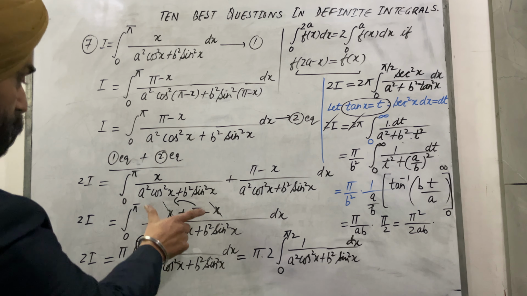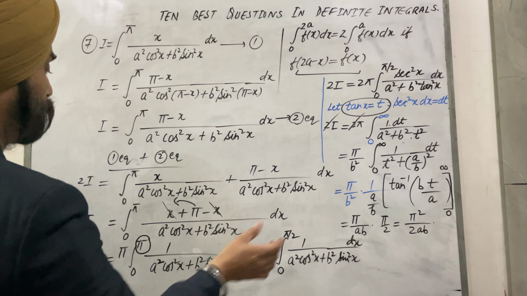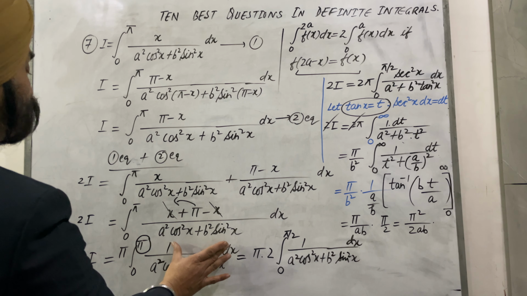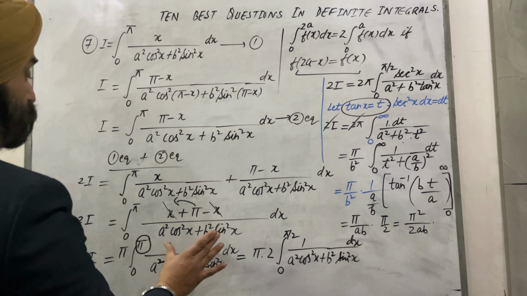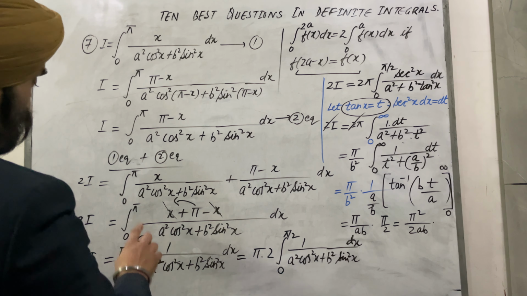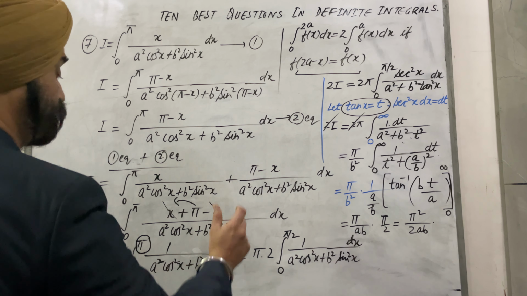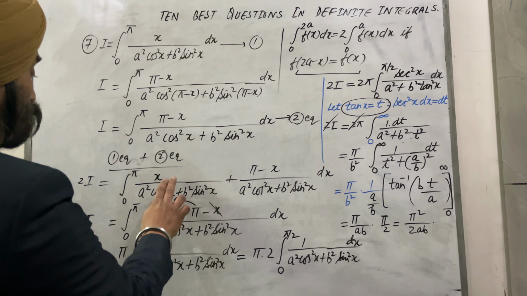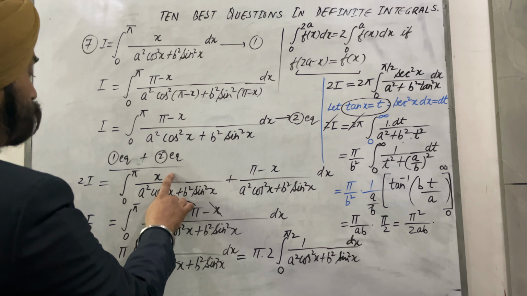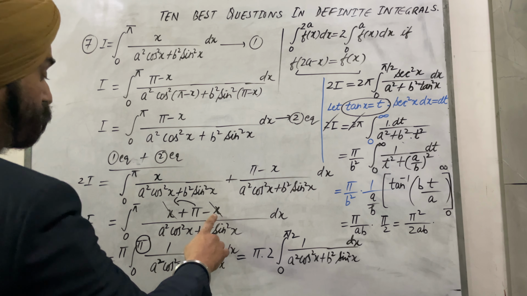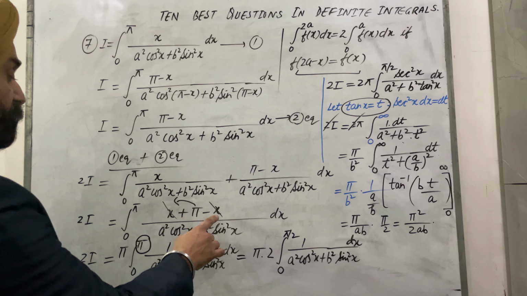Now you can observe the denominators, they are identical. So this portion becomes the common denominator or the LCM here. So a square cos square x plus b square sin square x is the LCM. Since the denominators are identical, the numerators will be added automatically. So we will be writing x plus pi minus x, which we have written here. x and minus x get cancelled.